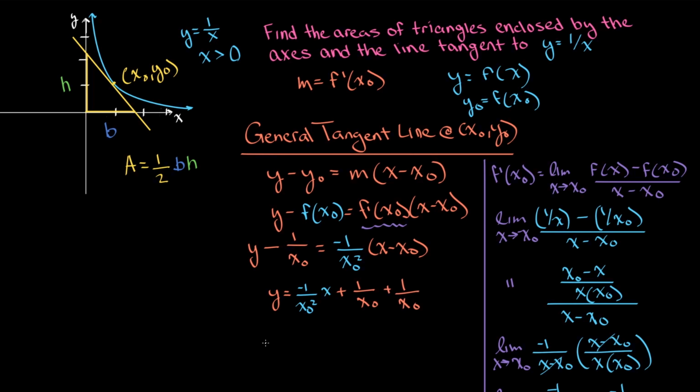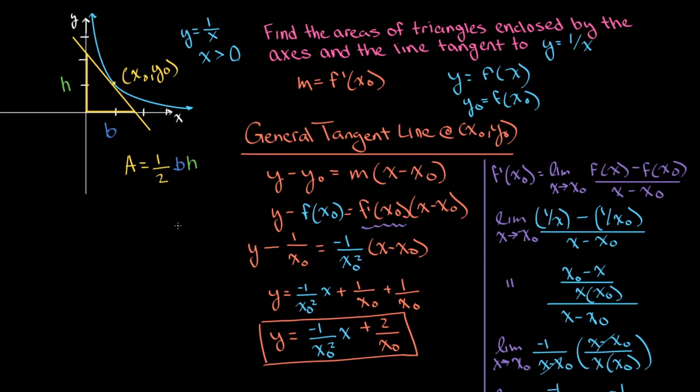And then finally, we can simplify this one step more, so we have -1 over x naught squared times x, and then plus 2 over x naught. So this is what we find our general tangent line to be. And again, you give me any point on this curve here, and I'll be able to give you a tangent line for it. That is what it's saying.